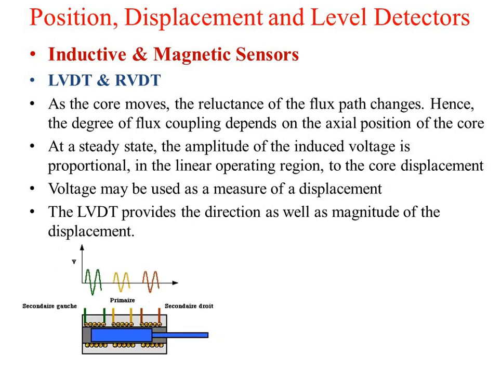So here is the example. You can see that whenever the displacement is towards left, the first green signal will be high, and when it is at center position it will be 0, and when it is towards the right position, the red color signal will be high. So this is the principle of LVDT.